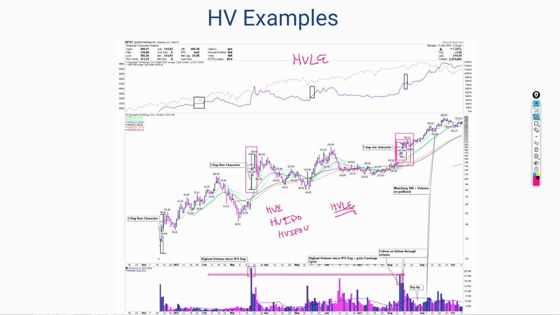So it's all the same edge, which is basically high volume, but there are different things to look for in terms of classifying it as one or the other. That's another one that I consistently look for, and then we place it on the Gappers watch list.